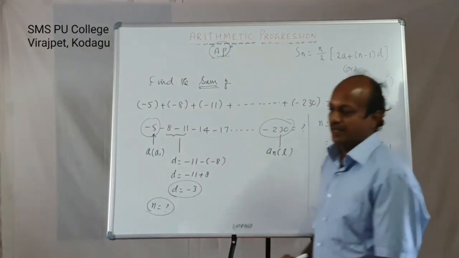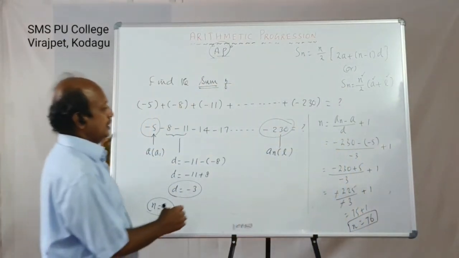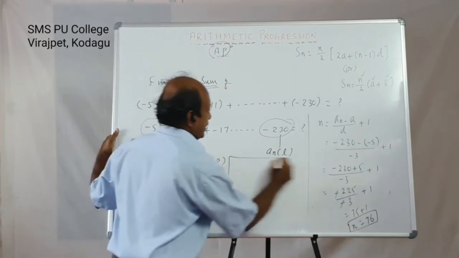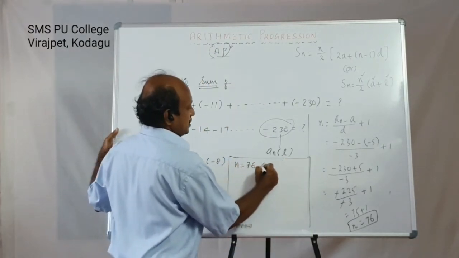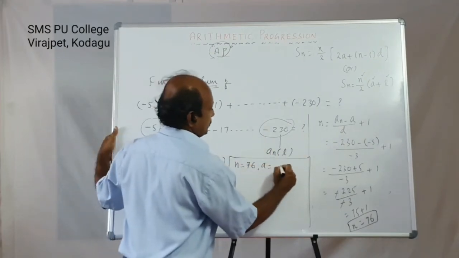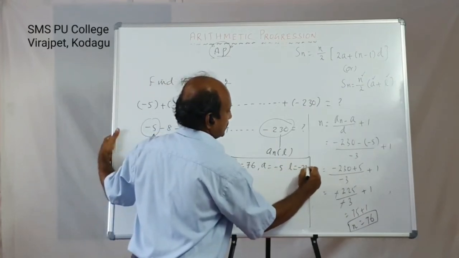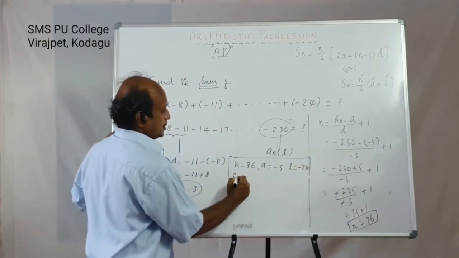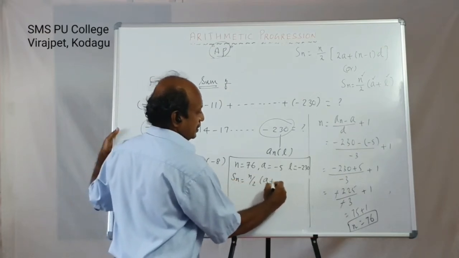Once you get the value of n, almost all the unknowns are gathered. Now, the final step. The value of n is 76. The value of a is minus 5. The value of l is minus 230. Now, linking all this, Sn is equal to n by 2 of a plus l.